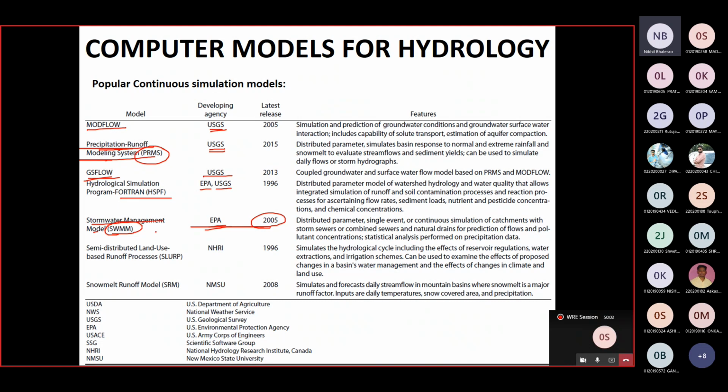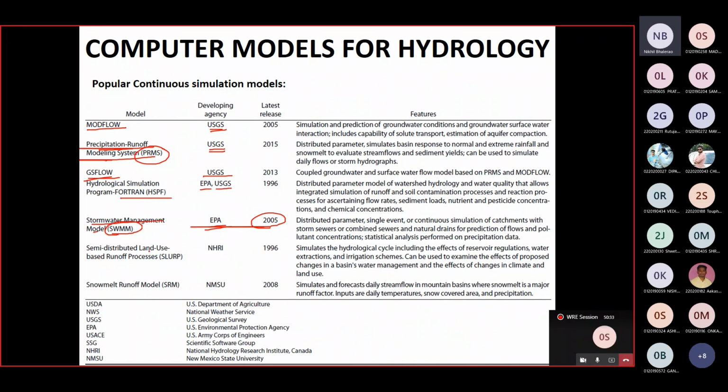So this is also useful for the purpose of study in terms of design of the stormwater pipes, or design of stormwater drains. So for that purpose, this SWMM software is most commonly used. So many of the hydraulic parameters, not hydrological, but hydraulic parameters, are studied by this stormwater management model.